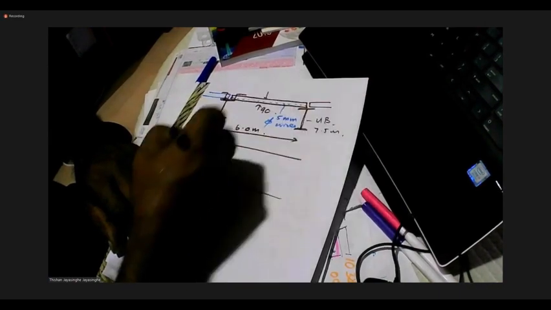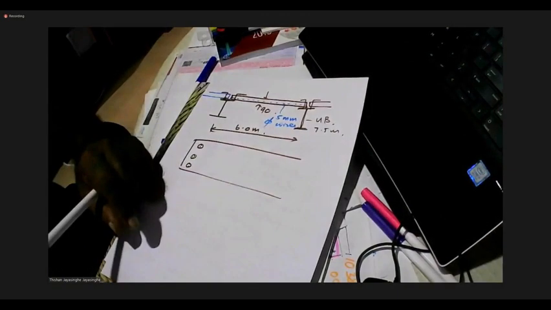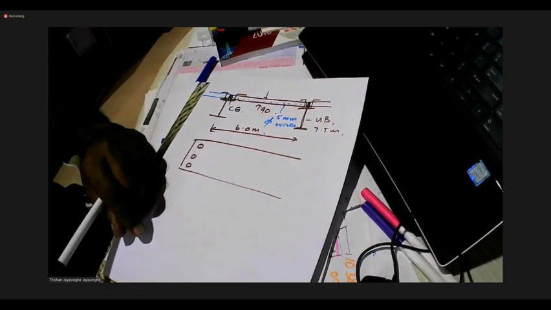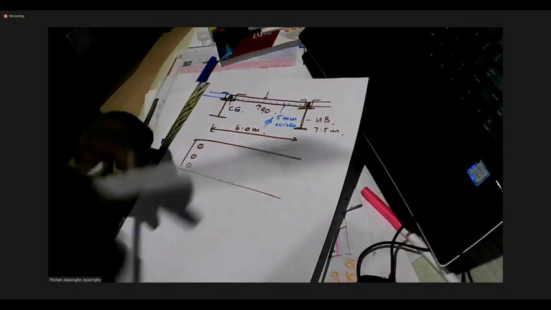So we kept holes like this and welded a bar and locked it. Then we filled this gap with construction grout. So basically we made sure that the slab is almost continuous.